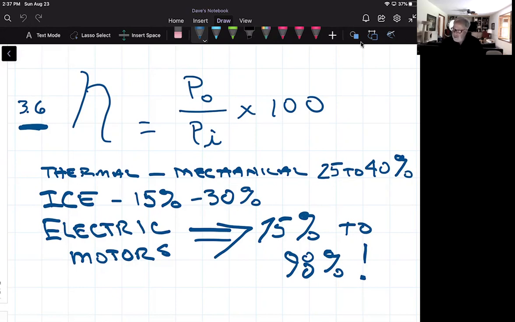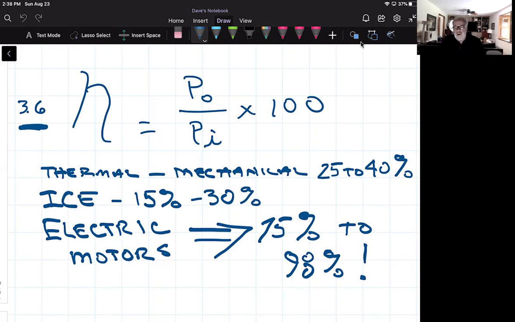Now, this is in watts, and this is in watts, and this is a number just giving us a percentage. He goes on to tell us that efficiencies are very low when you're talking about thermal energy converted to mechanical energy. Think about burning coal to convert to steam, the steam channeled through a turbine, the turbine connected to a generator, and electricity coming out of that.